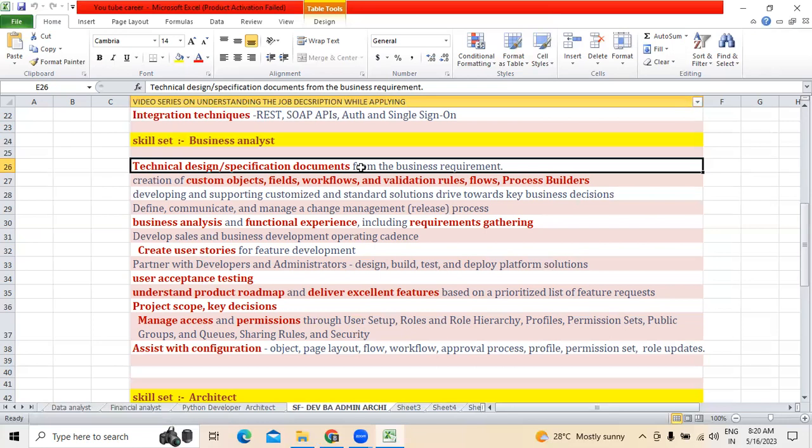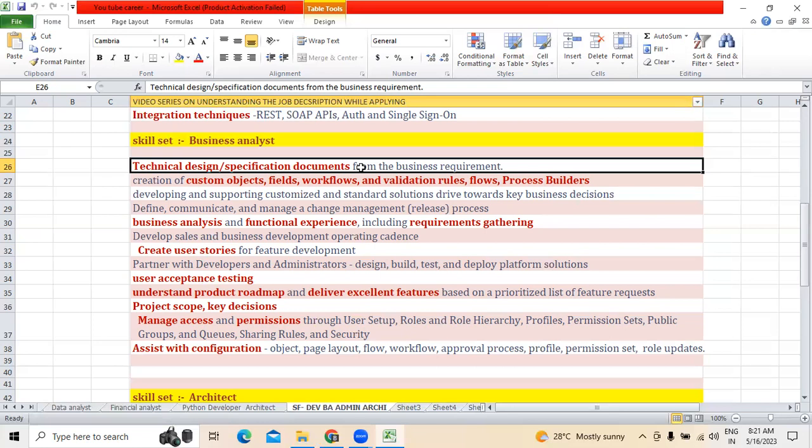These are common for any domain and any profile of a BA, which is an undisputed fact. Second is knowledge of Salesforce basics. Third is Salesforce administration, because most business analysts will even work on Salesforce administrative activities.